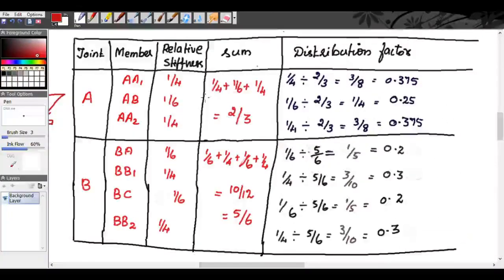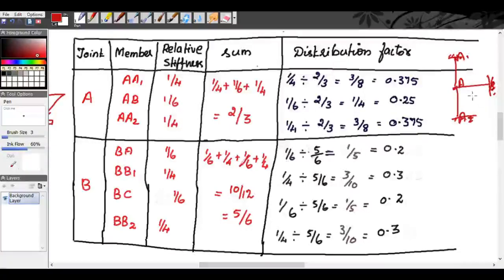Okay. So see A1. A1 is the column, right? At A we have AB, A1 and A2. Everywhere it is fixed. All the intermediate supports we will assume as fixed supports.